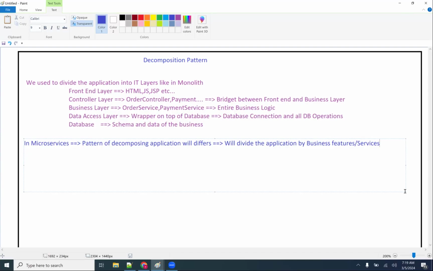So why do we need to do that actually? To avoid single point of failure. Right? Now, what exactly do we need to divide? The main interesting point here, the main crux of this, is that the business provides a lot of features. Every service we need to understand end to end.